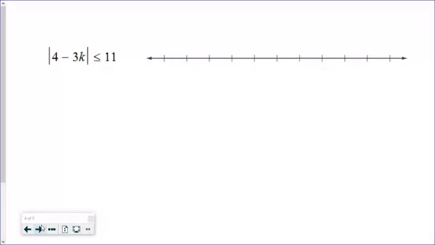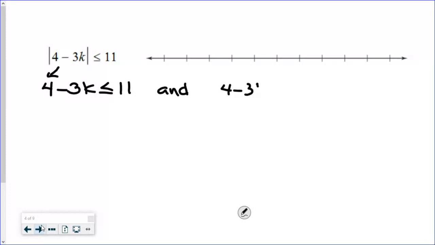Next one. Now, there's a reason I'm putting this one on. Pay attention. So 4 minus 3k is less than or equal to 11. It's an and, because it's a less than. 4 minus 3k is greater than or equal to -11. Okay, so I'm going to minus 4.